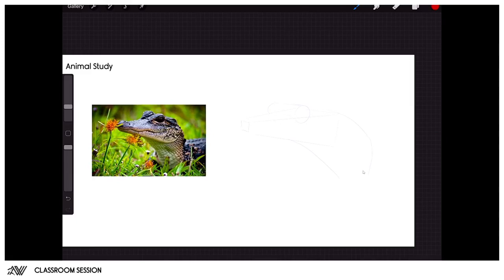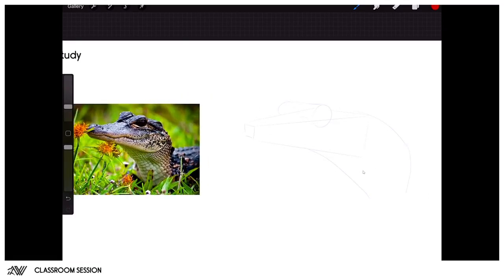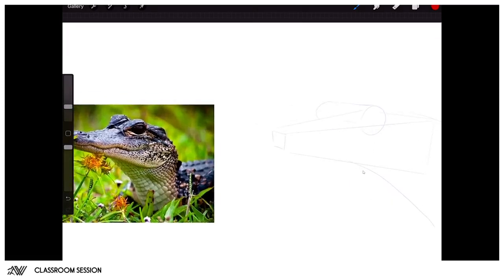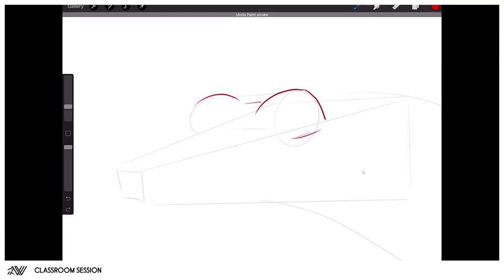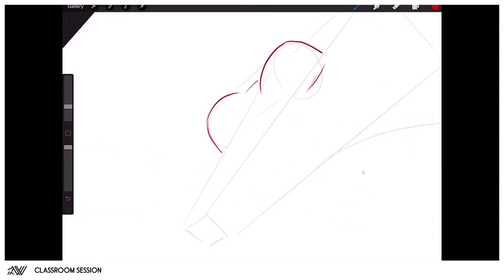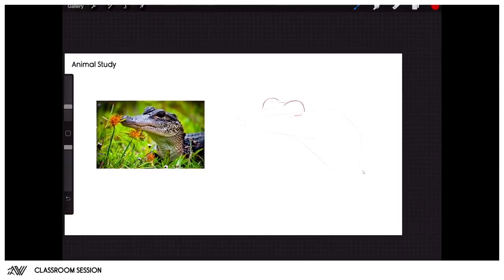Some of you might have an easier time, okay? So if I look at this reference, the first thing that I'm thinking about, okay, those cylinders, they're more like 2 half spheres, right? Like this. Connected by a cylinder. And then another half sphere like this. Right, so already a little bit more organic.